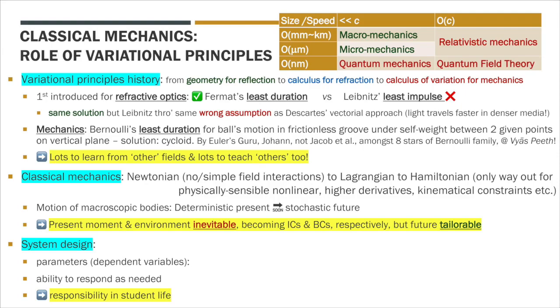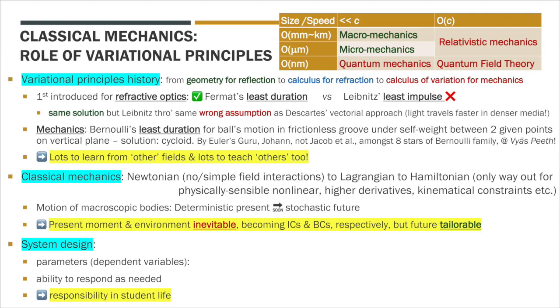So for lower speeds and larger sizes, we have a certain branch which we call classical mechanics, which can be Newtonian, Lagrangian, Hamiltonian, etc. Now, classical mechanics is divided into two parts: the micromechanics, which is at a relatively much lower length scale compared to the macromechanics, which is something that we can see with the naked eye.